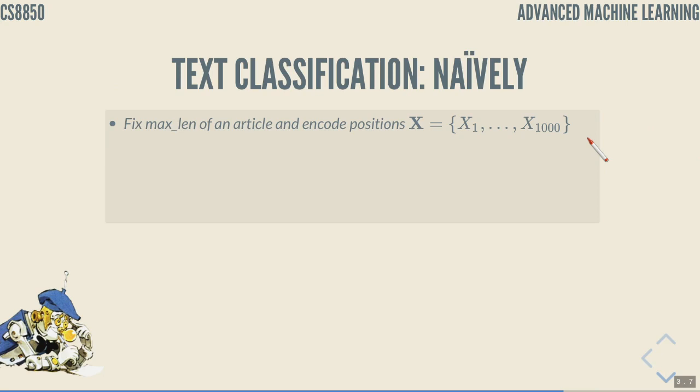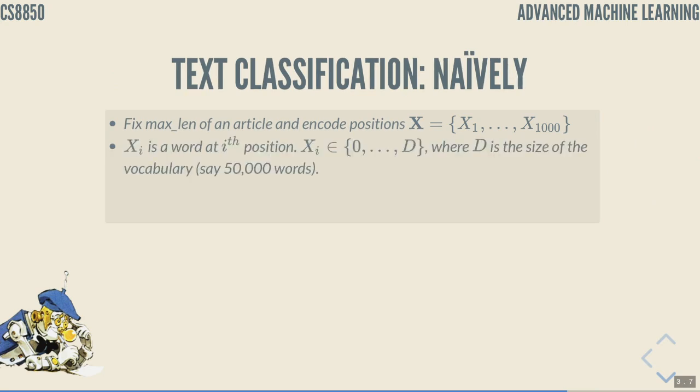Since we want to allow shorter emails, we will add to our vocabulary a no-word, a lack of a word. So xi is a word, and xi can take any value from 0 to d, where d is the size of the vocabulary or dictionary. Say we have a total of 50,000 words, but it could easily be 100,000 for a typical English dictionary.